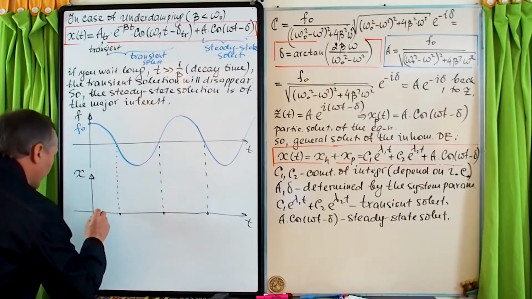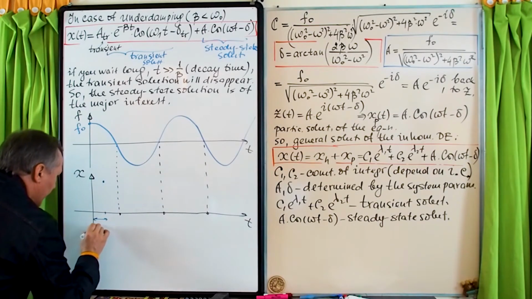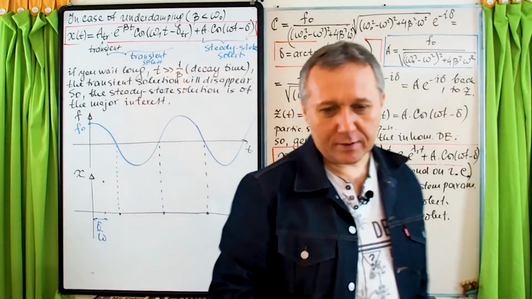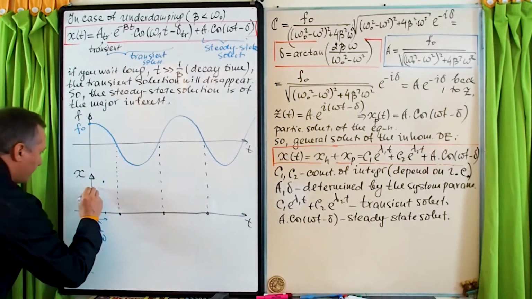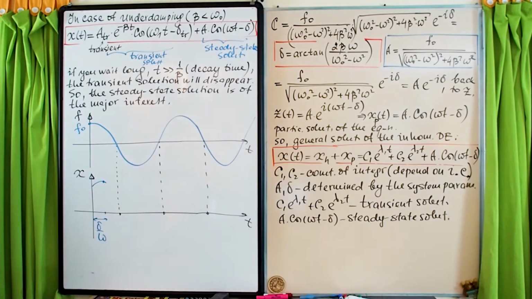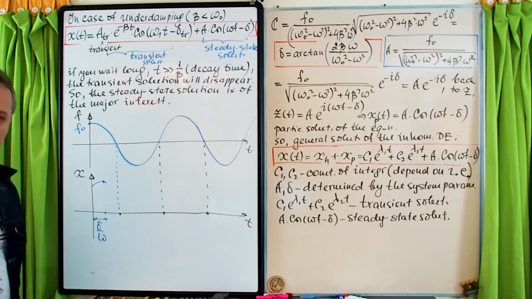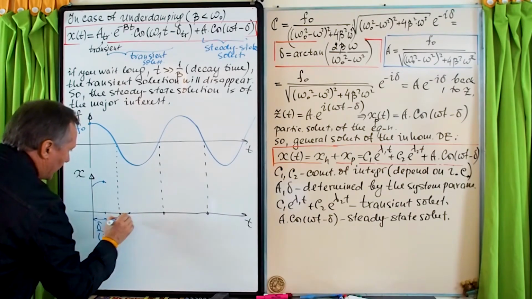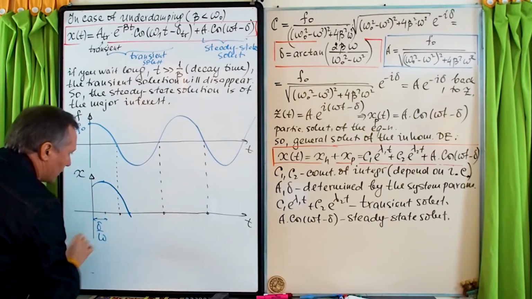Maybe I will use blue again at this point. This distance is delta over omega, a distance in time interval. So at this point, the system will reach maximum. So it lags behind. The force reaches here, and the system response reaches maximum only a period of time later. Then it crosses 0, again lagging behind.